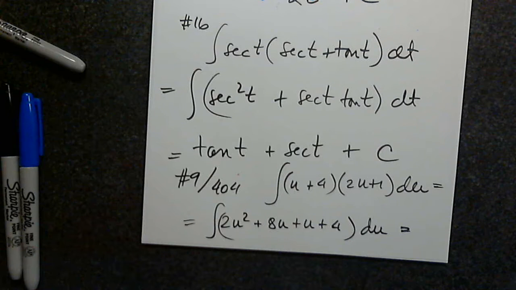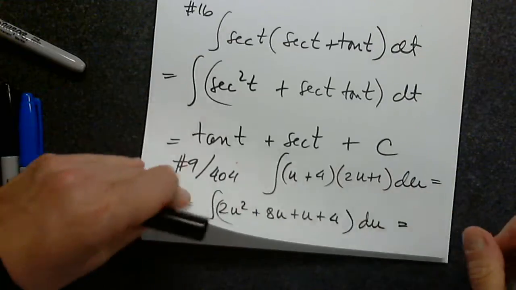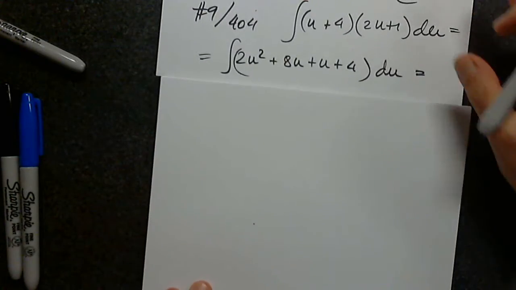We have to combine like terms now. Let's combine like terms. Two u squared plus 9u plus 4. Very good. Awesome.